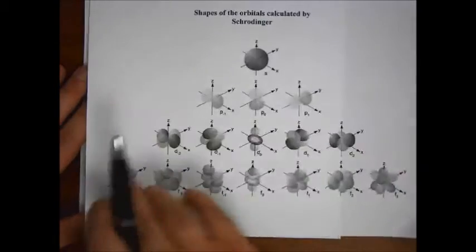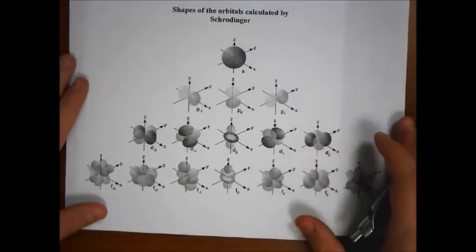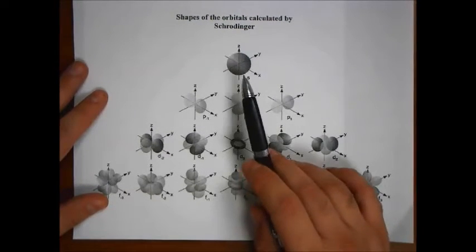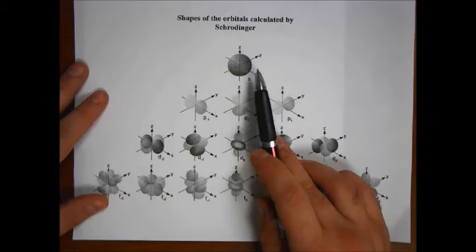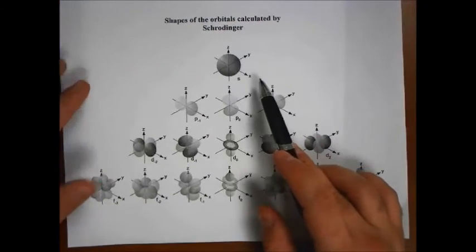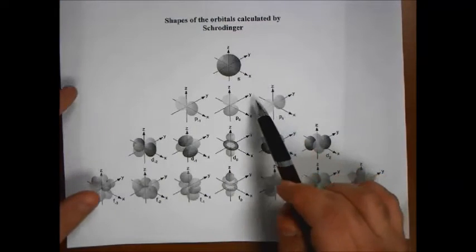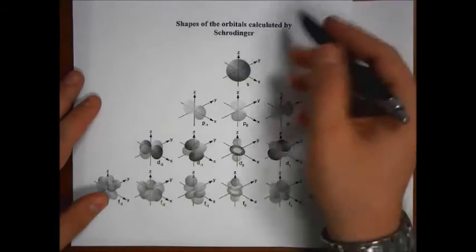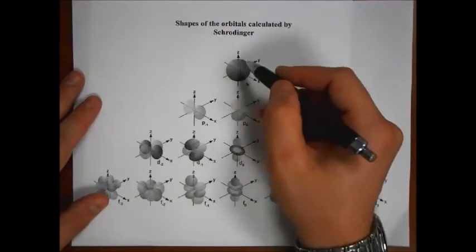Now let me show you what I'm talking about. When we talk about orbitals, these pictures should start to look very familiar to you. Here we have the s orbital. These were all the different orbitals that came out of Schrodinger's equations. There are s orbitals and p orbitals. The s orbital is basically just a sphere.